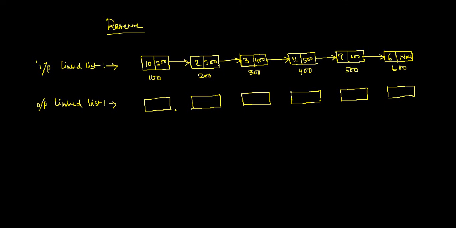You see, it will be something like, for example, 600, 500, 400, 300, 200, 100, and it is null. The data is 6, 9, 12, 3, 2, 10.